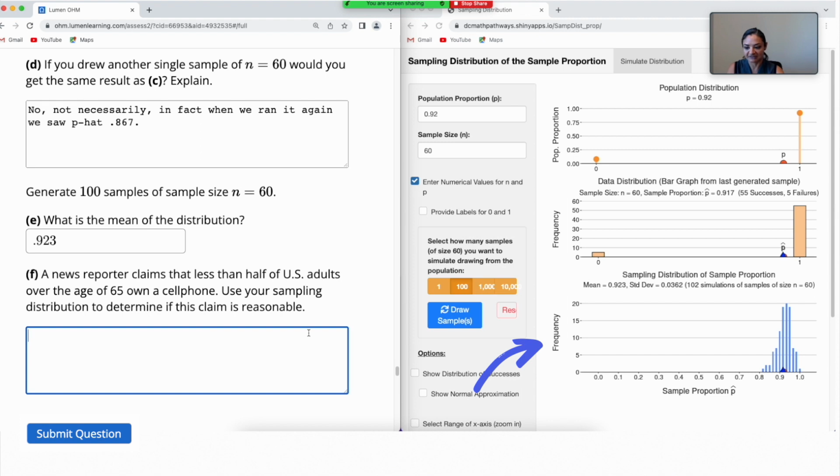So really what we're seeing is that in fact, this does not seem reasonable. Note, none of our sample proportions were even close to that. So this reporter's claim is very unreasonable.